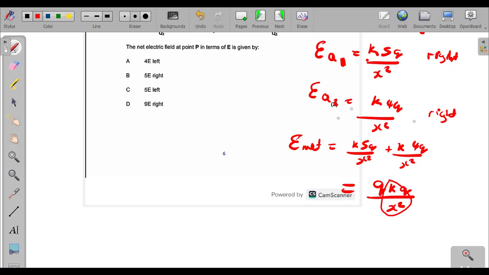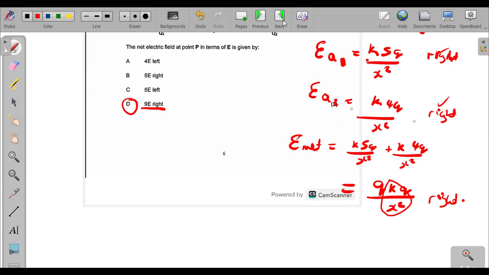So our net electric field shall be 9E to the right. Both of these two were to the right, so since it's coming out as positive, it also acts to the right. So our answer there becomes D. So 1.9 we are saying is D.